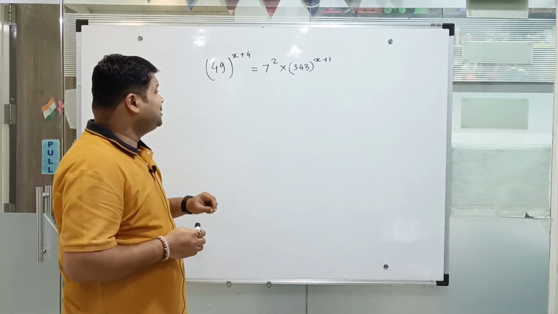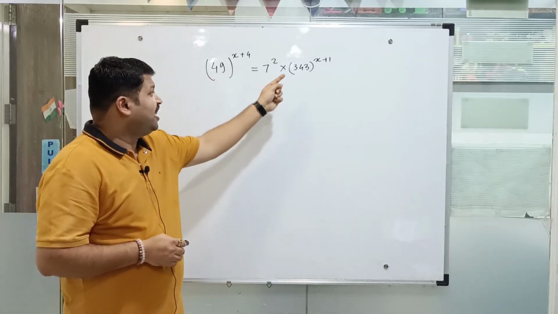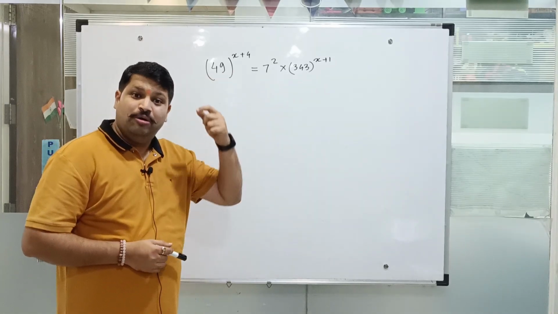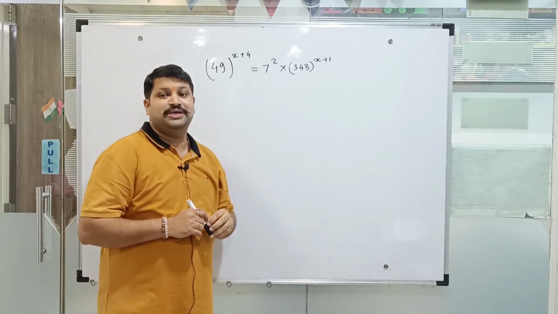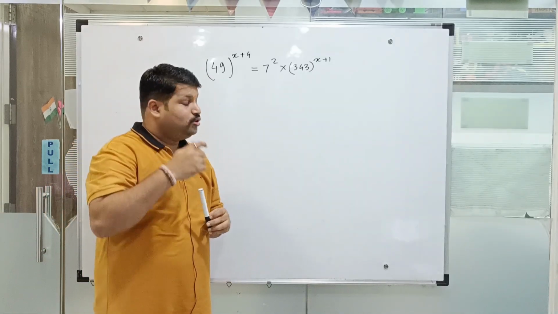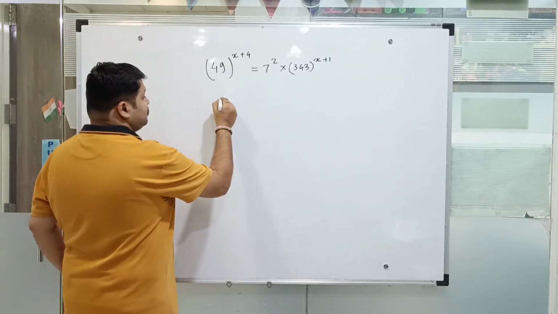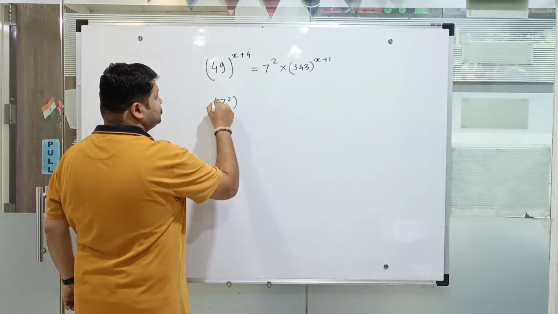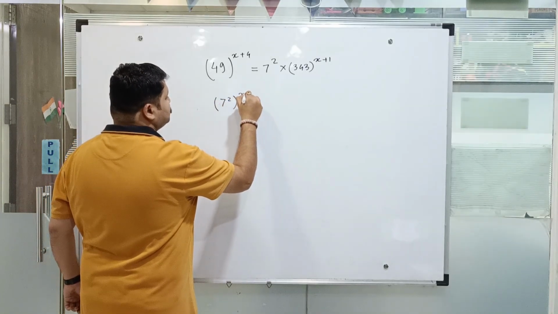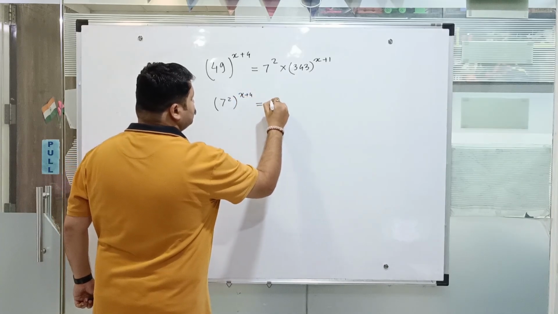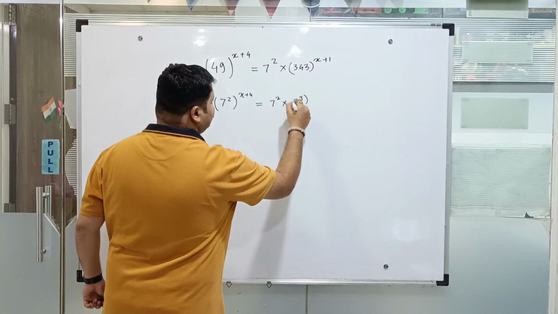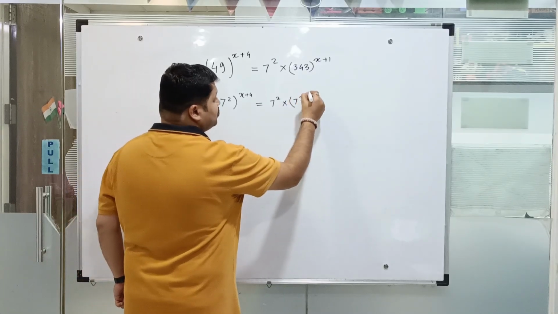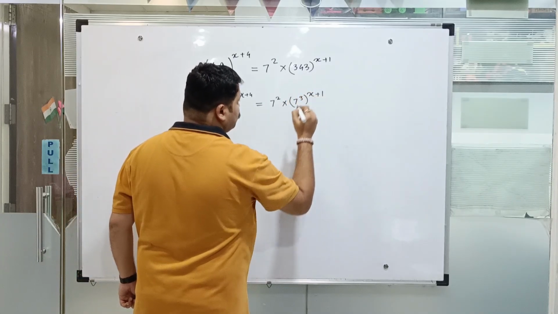Now the interesting thing here is that 49, 7 and 343 are all powers of 7. So the first thing we'll have to do is make sure that their bases are equal. So we write 49 as 7 square, to the power of x plus 4, is equal to 7 square multiplied by 343, which is 7 cube, to the power of x plus 1.